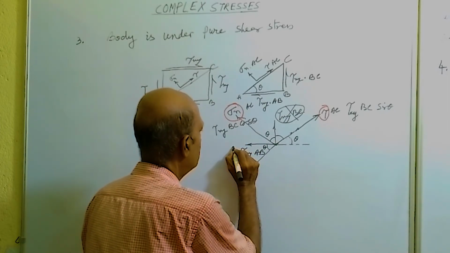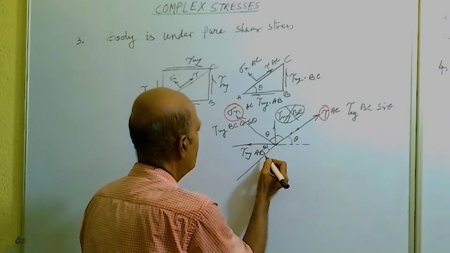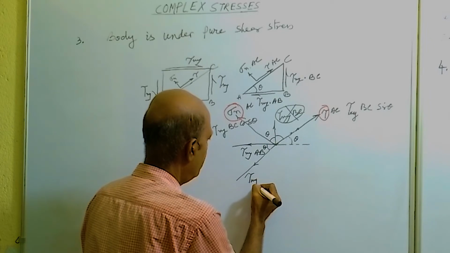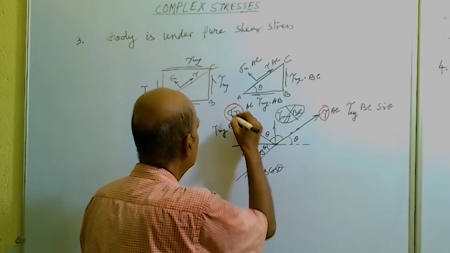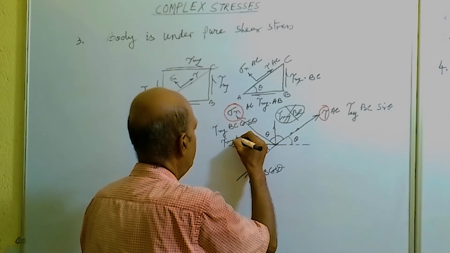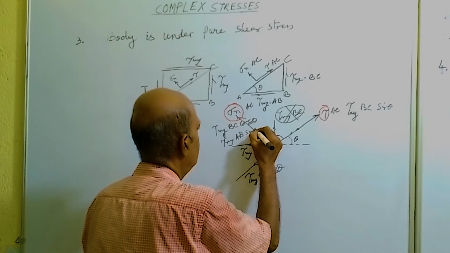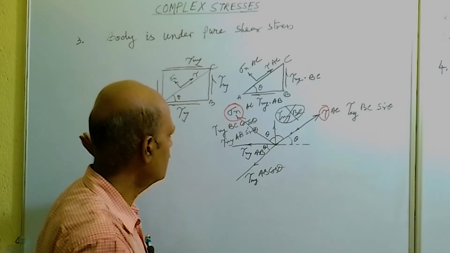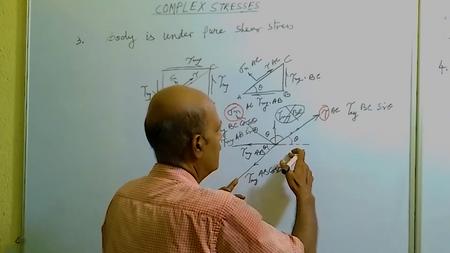If we resolve this into two components, one component in theta direction, that is tau xy AB cos theta, and along this direction will be tau xy AB sin theta. So we have got all the forces, acting along this direction or along this direction.